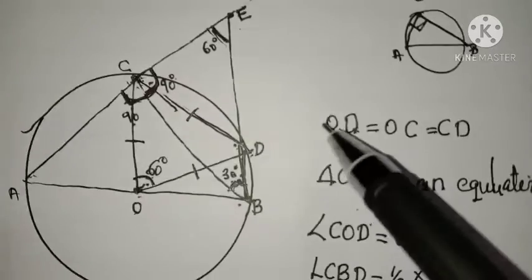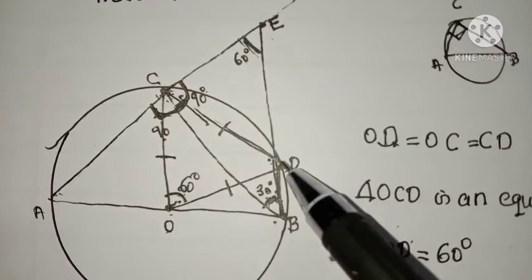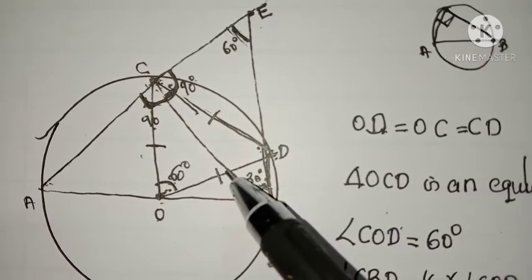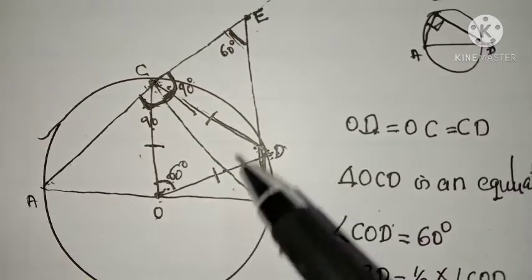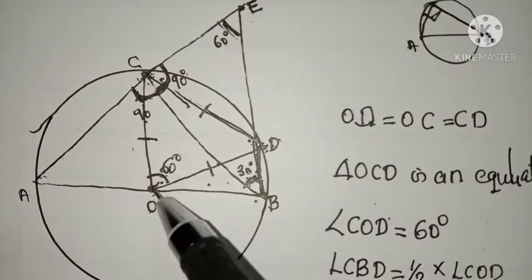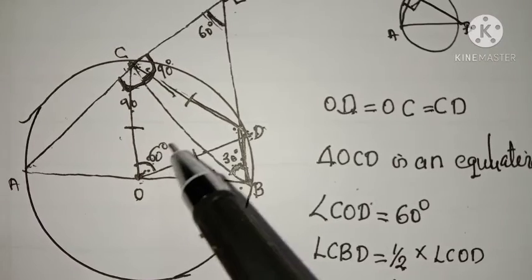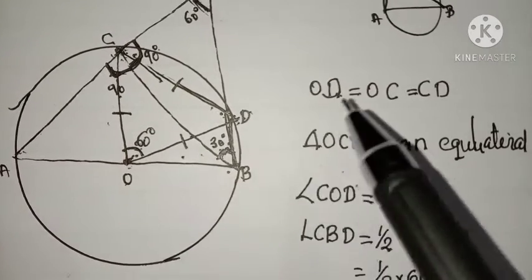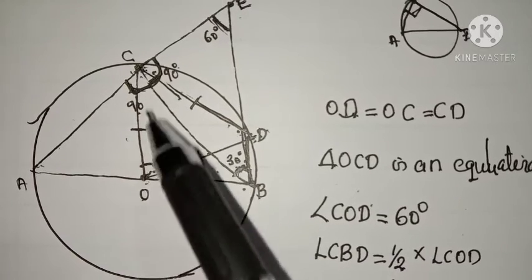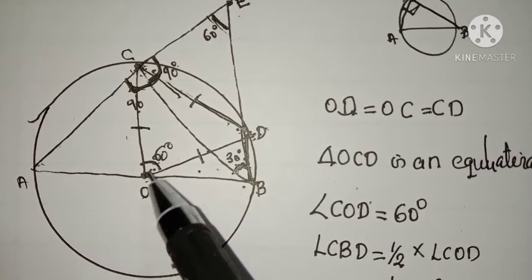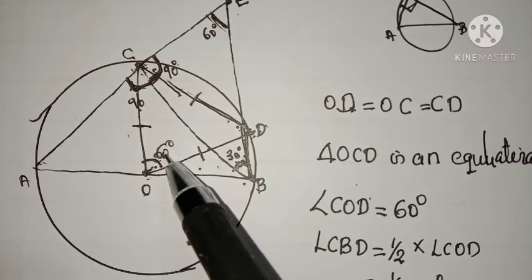Listen, CD is a chord equal to the radius. Therefore OC, OD and CD, these three sides are equal. Naturally, OCD is an equilateral triangle, which means each of the three angles is 60 degrees. So angle COD is 60 degrees.